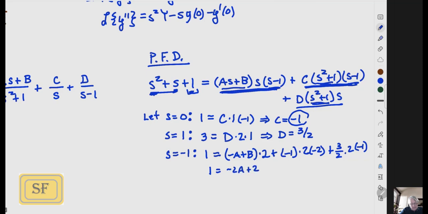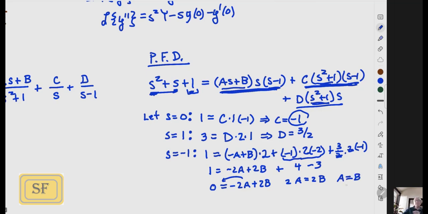So this is 1. 4 take away 3 is 1. And if I subtract 1 from both sides, I get 0 equals negative 2A plus 2B. Bring that A over, and it tells me 2A equals 2B, or A is equal to B. So we know that A and B are the same number. I don't know if this was the fastest way to do this, but we know A and B are the same number.